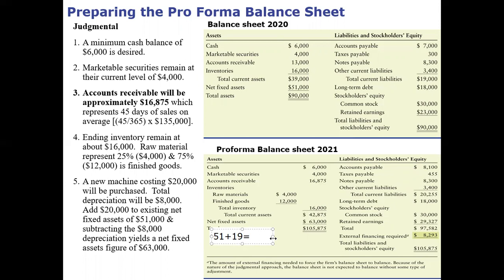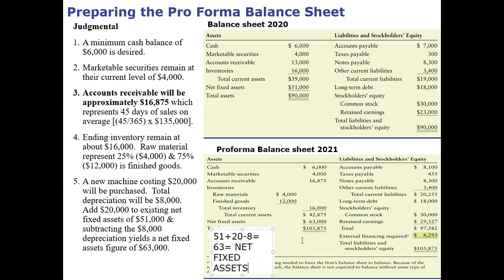How much is the net fixed assets? So the net fixed assets is the 51, then we add the 20, and minus the 8, then it is the 12, then the 20 minus the 8 will give me 12, then it will be the total 63, because we are finding the net fixed assets.